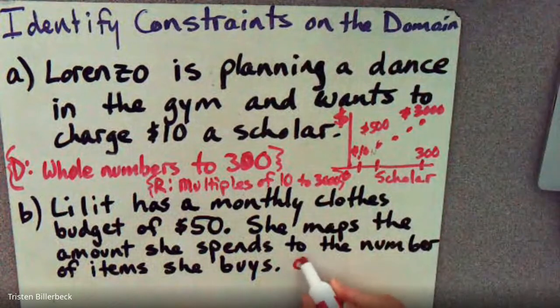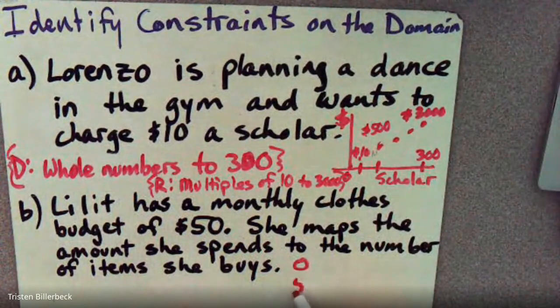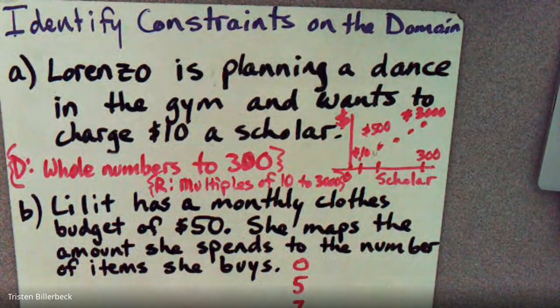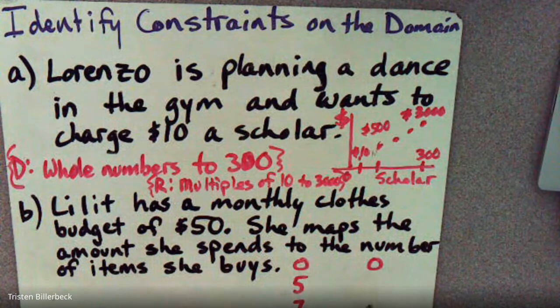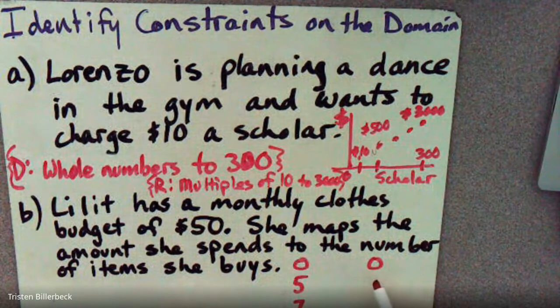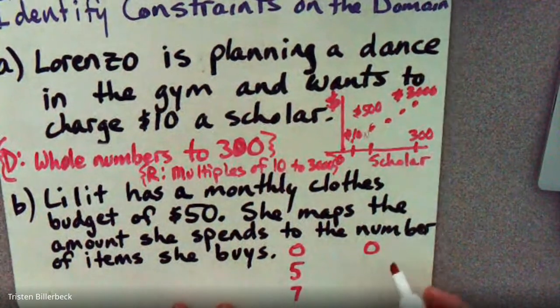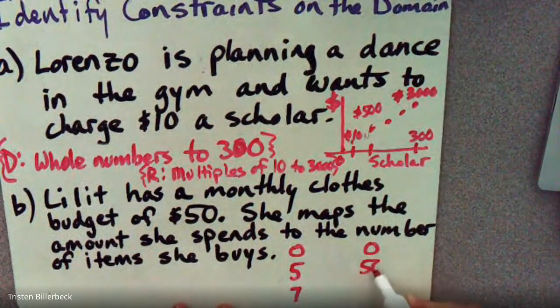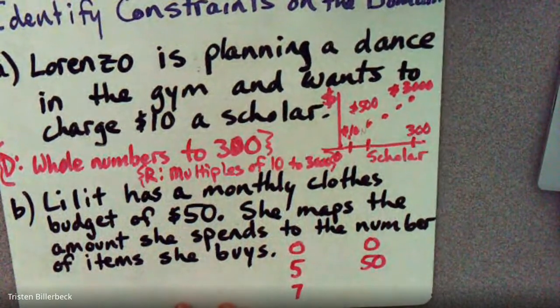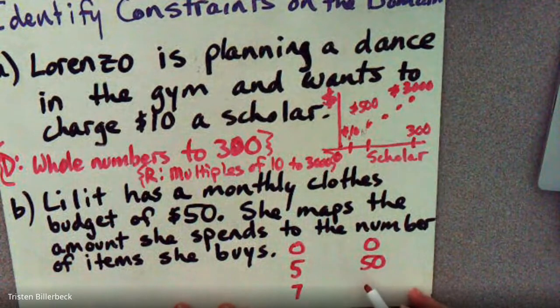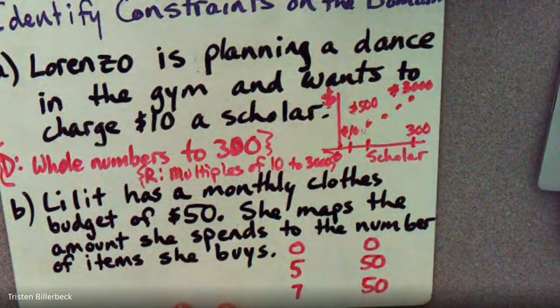Then she chooses 5 items and maybe 7 items. We'll just do a couple months. If she buys 0 items, that's $0. But let's say she buys 5 items and one is very expensive. She could max out at $50. But then if she decided, I want a little bit more this time for my money, I can buy 7 items for $50.